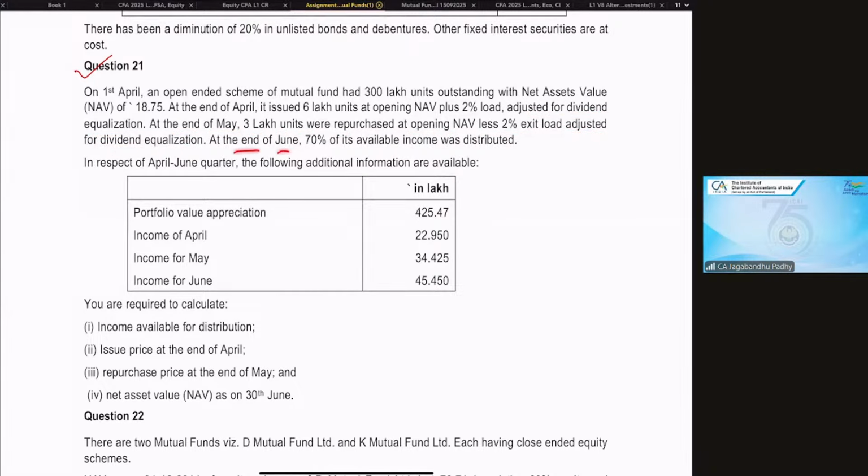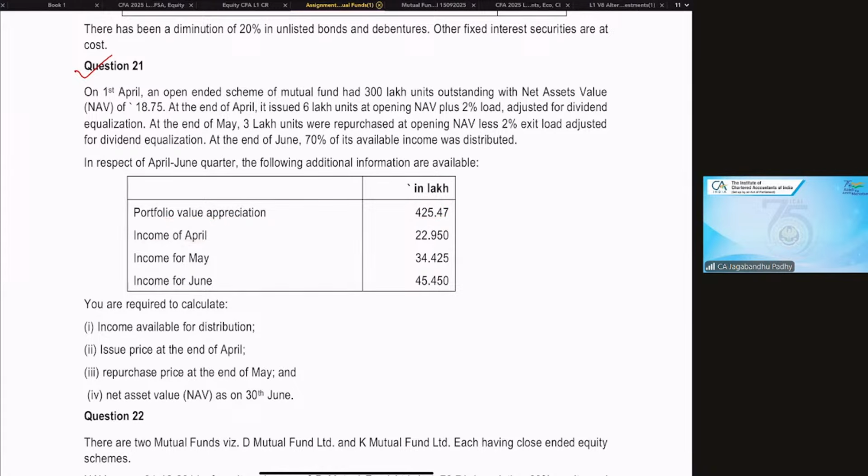And at the end of June, 70% of its available income was distributed. In respect of the April to June quarter, the following additional information is available. Portfolio value appreciation is 425.47. Income for April is 22.95.